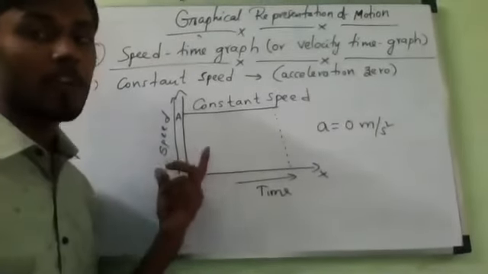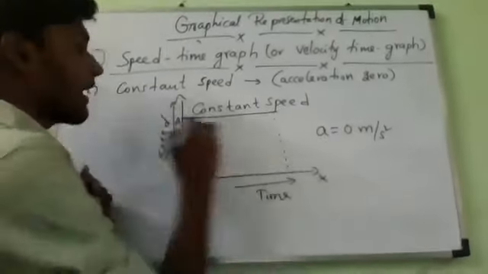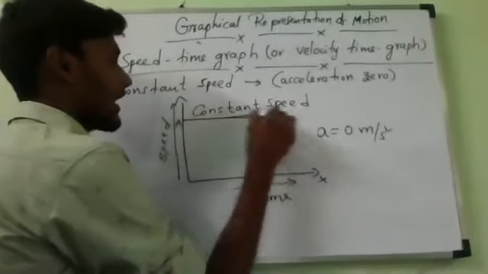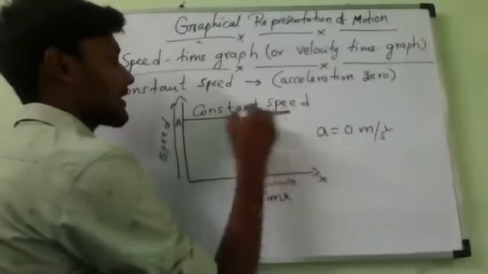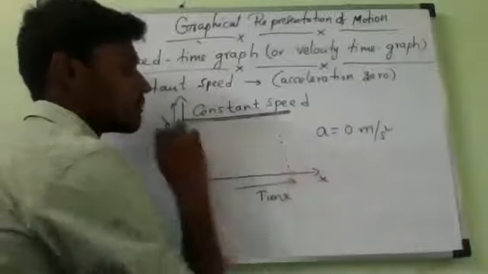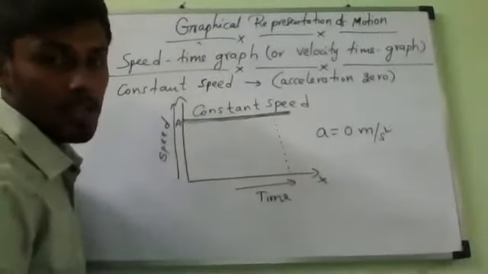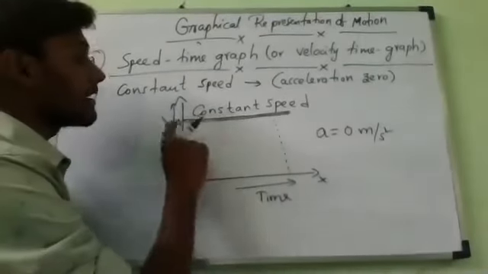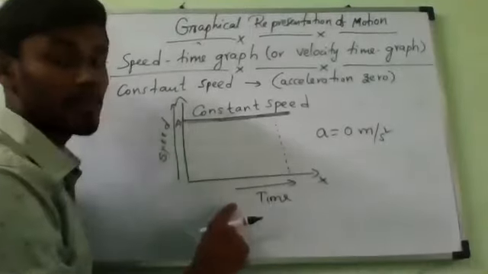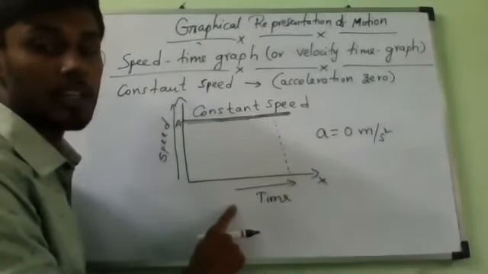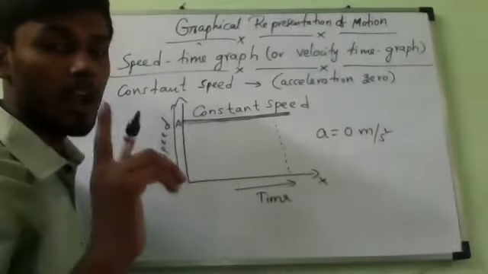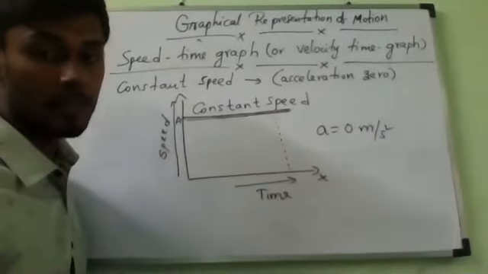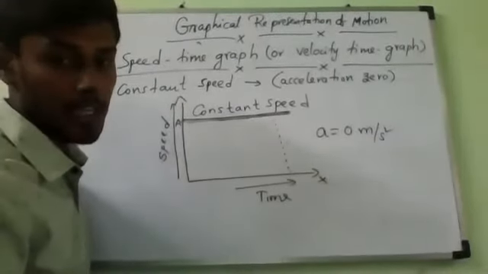If the speed time graph of a body is a straight line parallel to the time axis, it is indicating constant speed, or uniform speed.